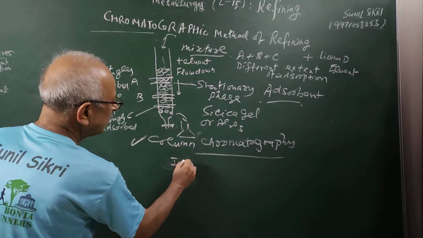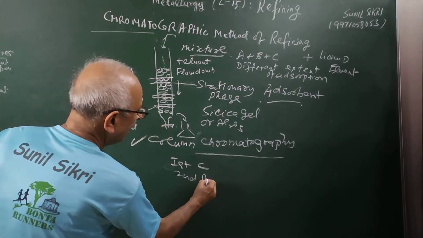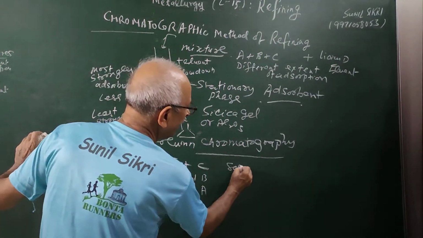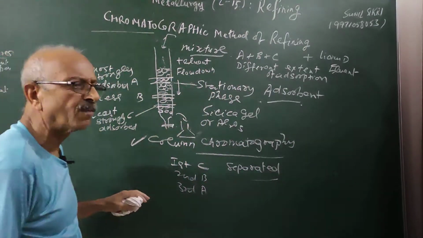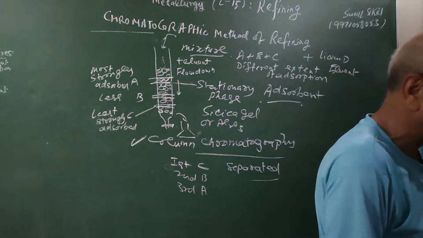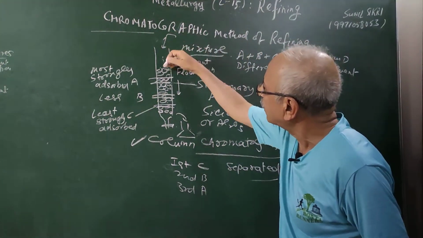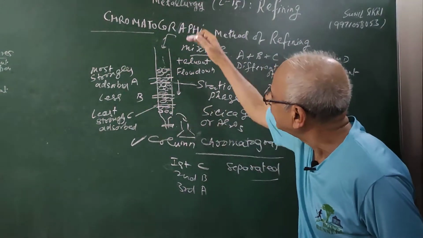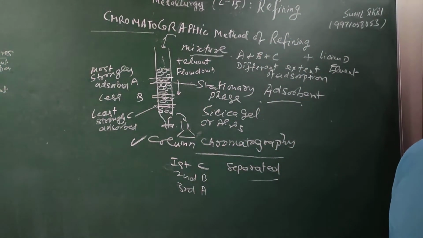First C will come, second I will get B, and third I will get A. So the three can be separated, and this process is what we call column chromatography. This is the simplest form of chromatography. The mixture plus eluent travels slowly, the most strongly adsorbed, then less, and then the least strongly adsorbed. If there are different colors, these can be seen in the column, and by adding the liquid from the top we can separate these three.